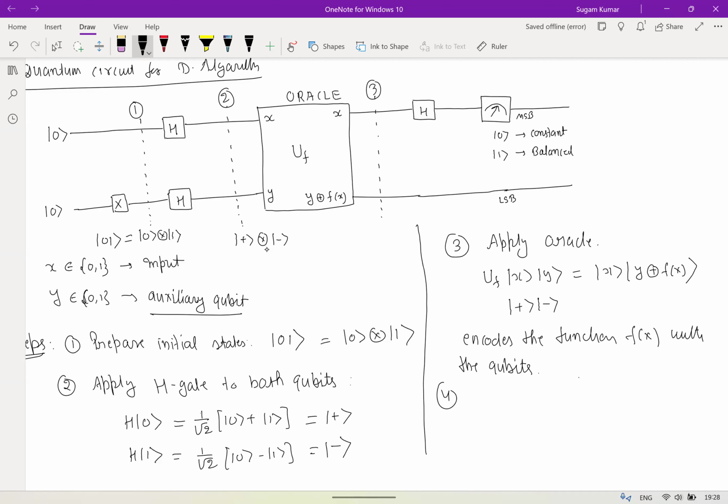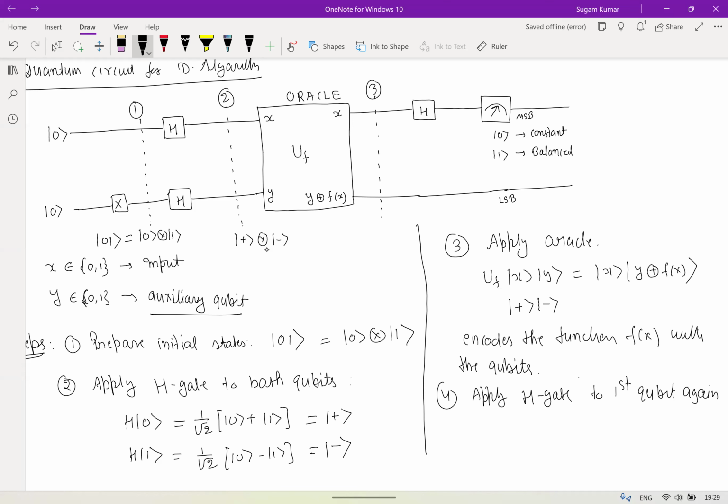What is step number 4? Just apply a Hadamard gate to the first qubit again. So you have to apply this Hadamard gate again, but on the first qubit only.